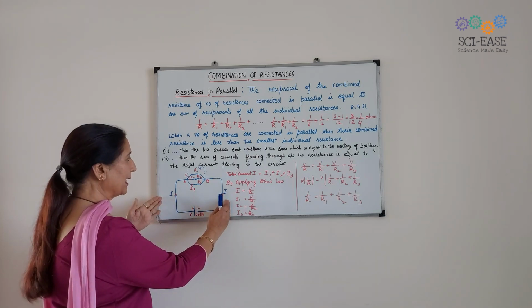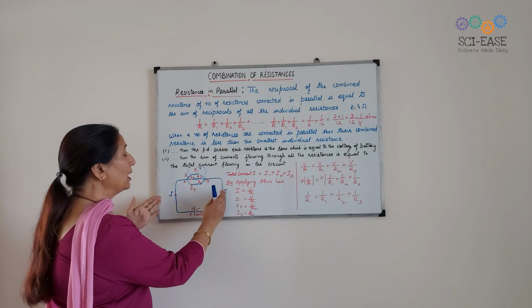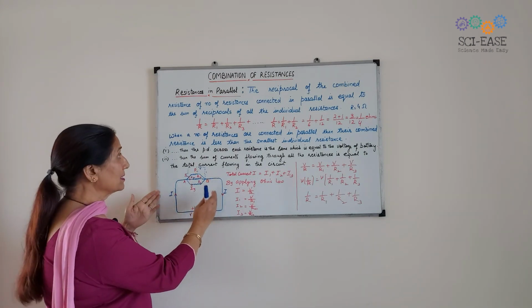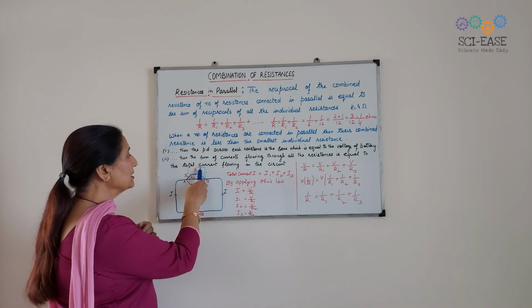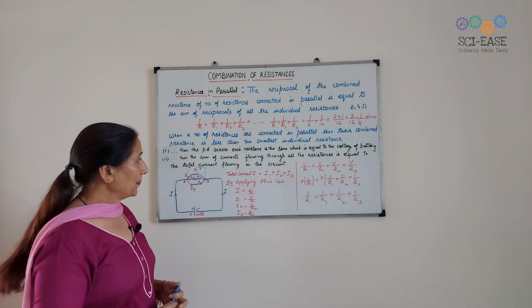So this is the circuit diagram when you are to calculate the resultant resistance of these 3 resistances.